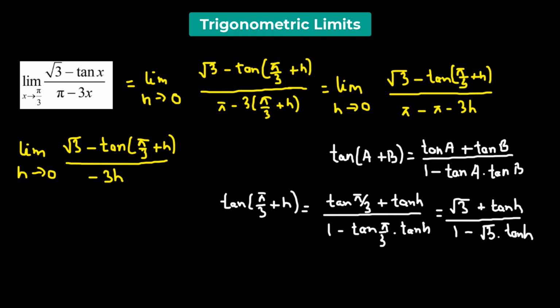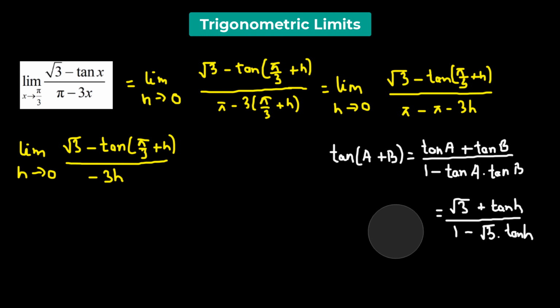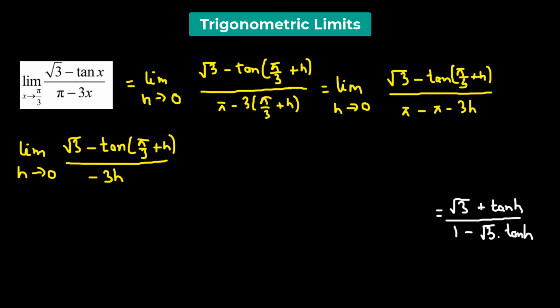Now we're going to substitute this value into the numerator part. So let's further work on the numerator. We have square root of 3 minus tangent of pi over 3 plus h. So that will become square root of 3 minus square root of 3 plus tangent of h divided by 1 minus square root of 3 times tangent of h. Now we combine it.